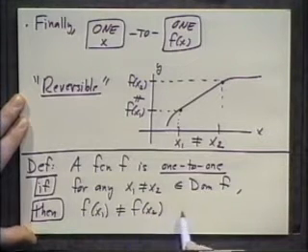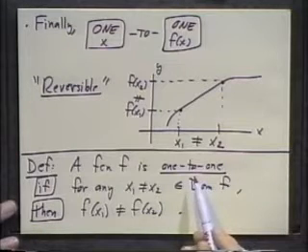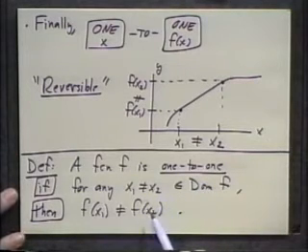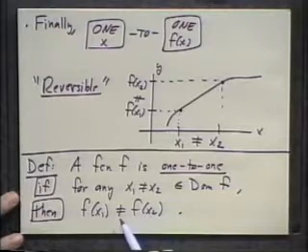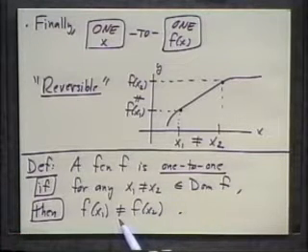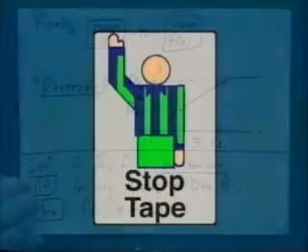They go to two different numbers. So that's what one-to-one means. Two different numbers always go to two different places. They never go to the same place as, for example, in the function f(x) = x squared.